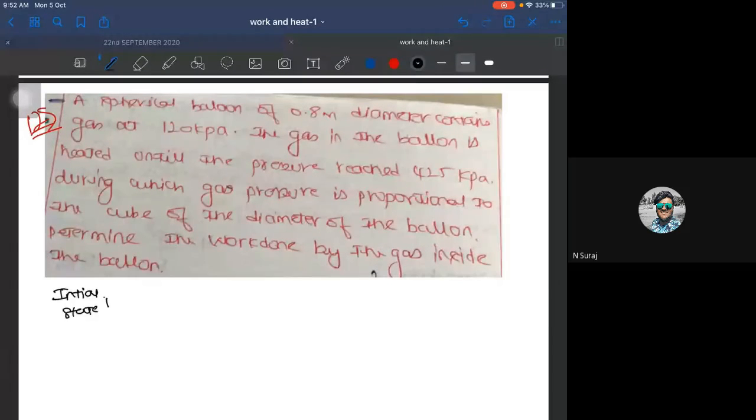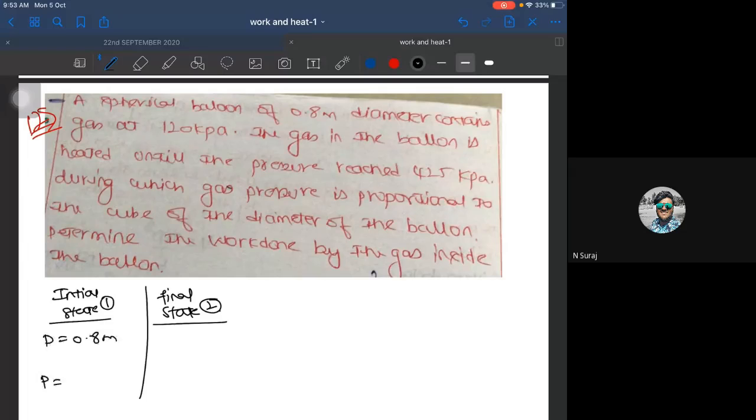Initially the diameter was 0.8 meter and the pressure was 120 into 10 to the power of 3. All these are initial values. The final, you have to find out. P2 is equal to 425 into 10 to the power of 3. Give me the value of D2, guys. What's the value?